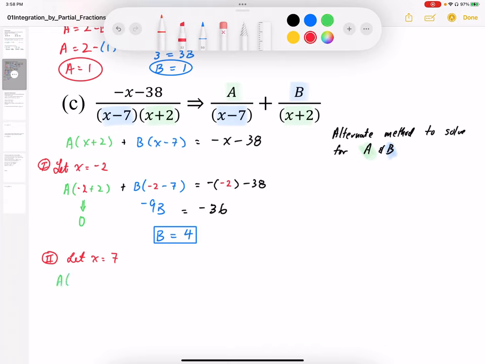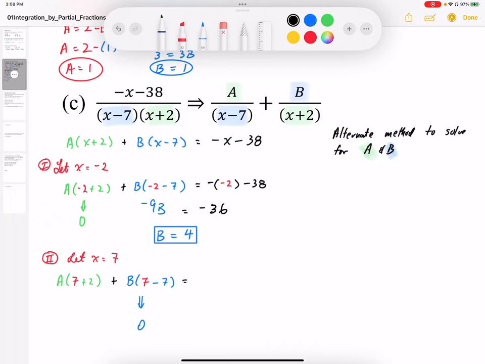So x plus 2 is now going to be 7 plus 2, or 9A, plus B times, since x is 7, 7 minus 7 instead of x minus 7. That now generates a zero multiplier, so that becomes 0. So the B now disappears.